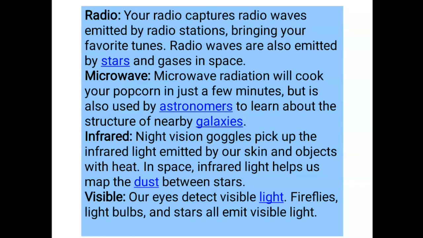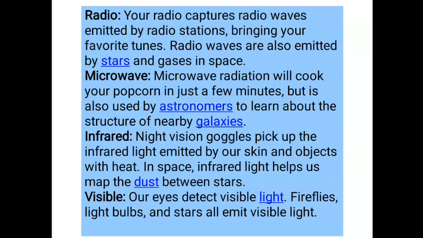Now different radiations have got different effect. For example, radio waves. Radio captures radio waves, and radio waves are emitted by stars also and gases in the space. Microwave we are using for cooking in microwaves.